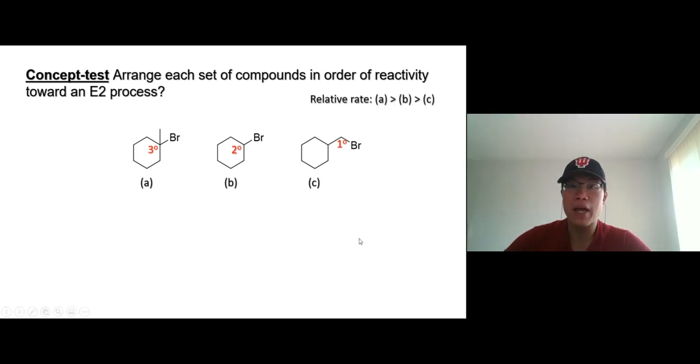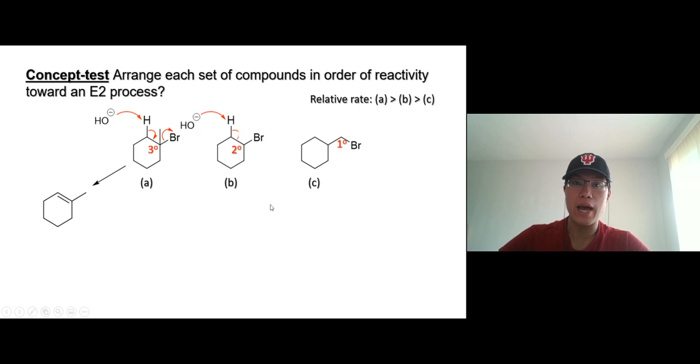That trend. All right. If you don't know the reason, I'm going to show you the E2 reaction. On A, you should get a double bond right there. This is 1, 2, and 3. This is a trisubstituted alkene. If you do an E2 on B, you should get a disubstituted alkene. And if you do an E2 on C, you should also get a disubstituted alkene, but exo.